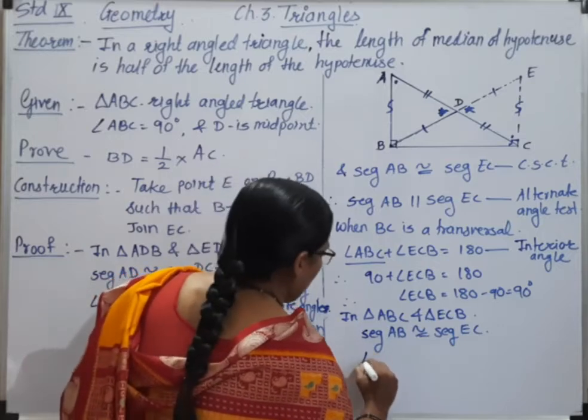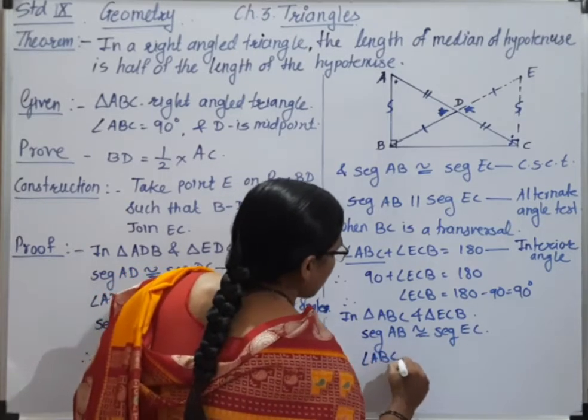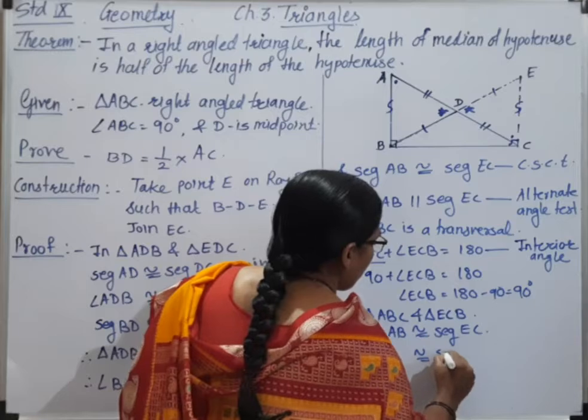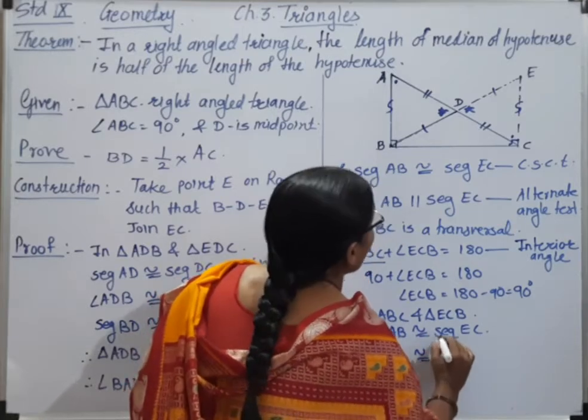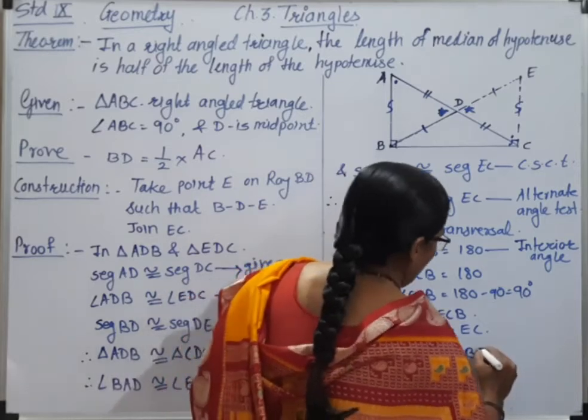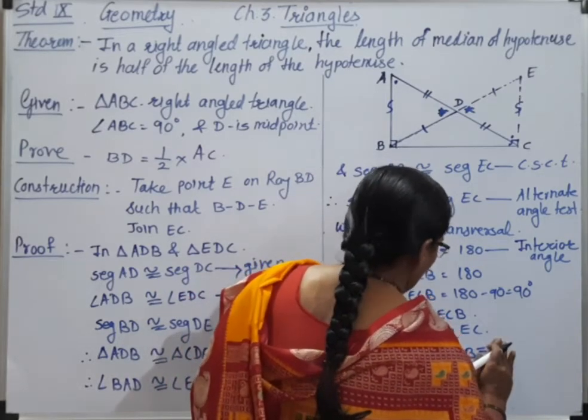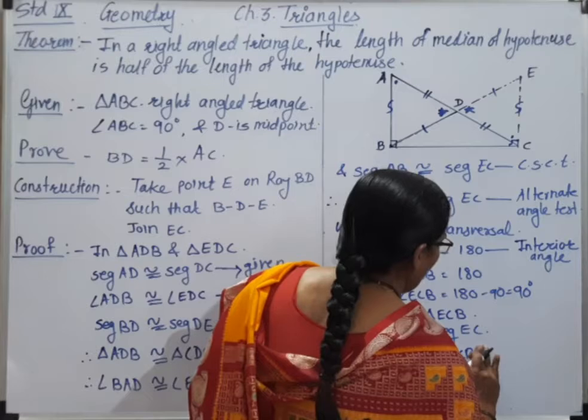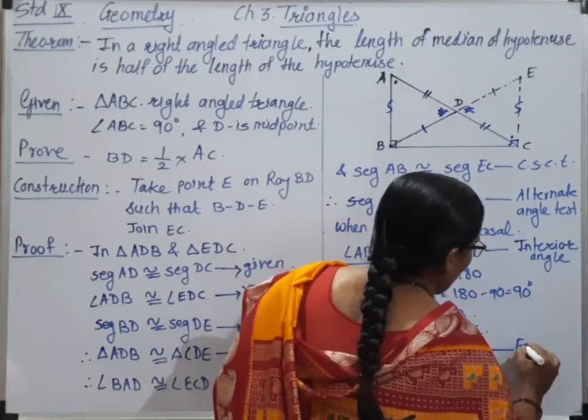Angle ABC is congruent to angle ECB, each of 90 degrees.